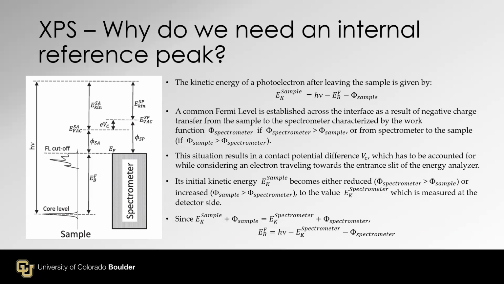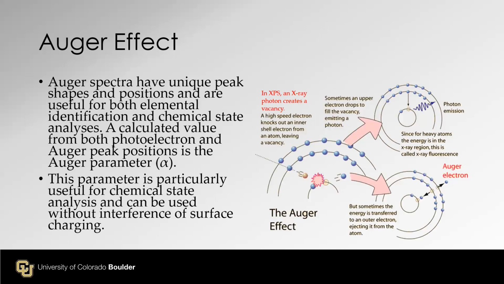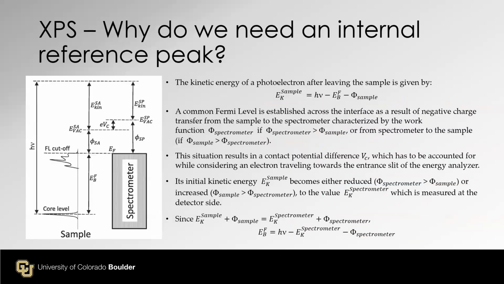If it doesn't happen, we are in big trouble, but it's natural. Sometimes it's not perfect because we do not know what's happening in the energy levels there. So what we are hoping is that by providing enough charge neutralizer, basically electrons, we eventually get good Fermi level alignment between them. If it's slightly off, that's okay, but we have to use an internal reference peak to be safe.